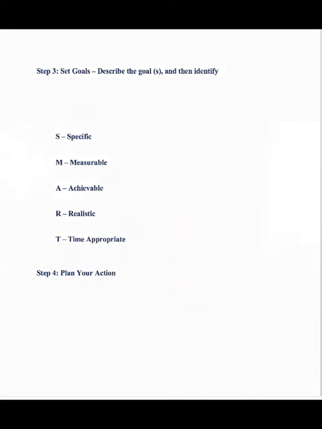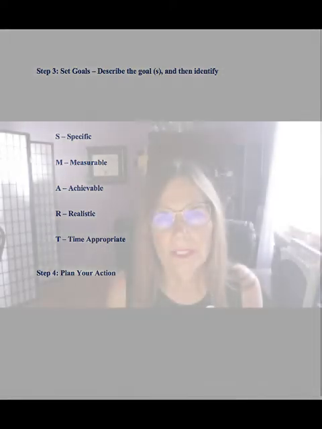If we're not forced to think about it in a certain way, we don't. So what is it? How are you going to really specifically tell me what you're doing? Like the example of the vegetables: instead of I'm going to eat more, it's okay, I'm going to eat this, I'm going to eat this much, I'm going to pick from these, I'm going to eat them with this meal, right?